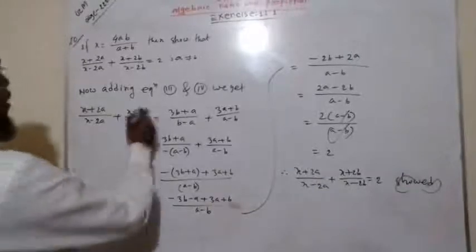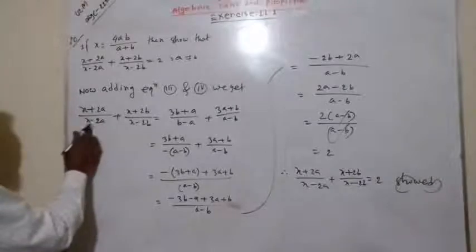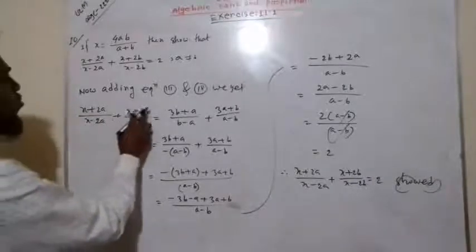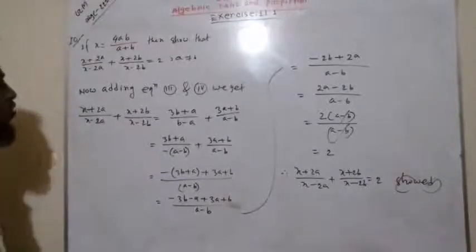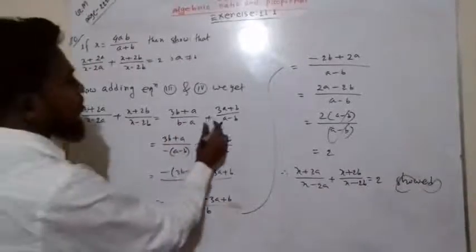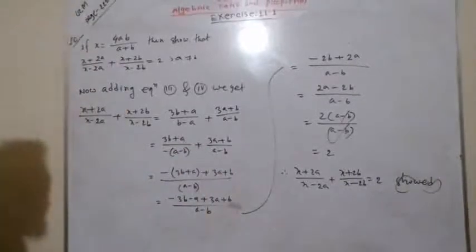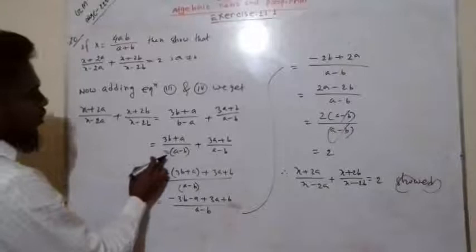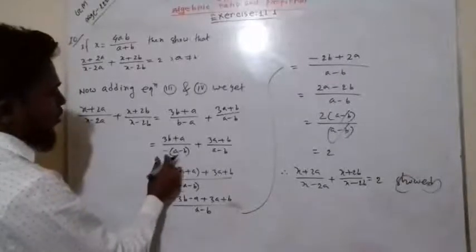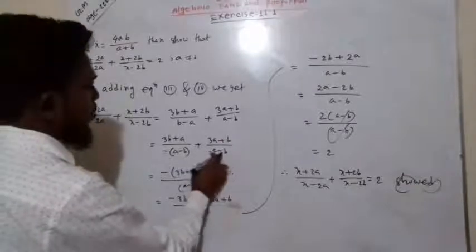Now adding equations 3 and 4, we get (x plus 2a) divided by (x minus 2a) plus (x plus 2b) divided by (x minus 2b) equal to (3a plus b) divided by (b minus a) and (3a plus b) divided by (a minus b). Now we take common minus, so (a minus b plus 3b plus b) divided by (a minus b).